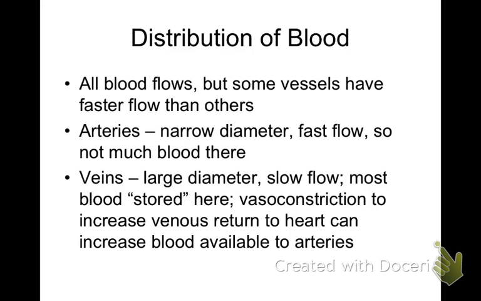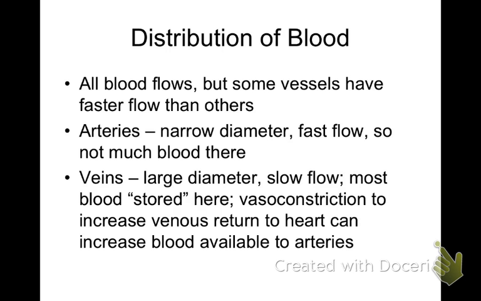All right, so we're going to end this part of the lecture with looking at the distribution of blood flow. I'm going to show you a pie chart, and it's going to look like blood is kind of sitting in the vessel. So I want to remind you the blood has to constantly be flowing. But blood flows faster through arteries than it does through veins, and so veins tend to hold more blood or contain more blood than arteries do.